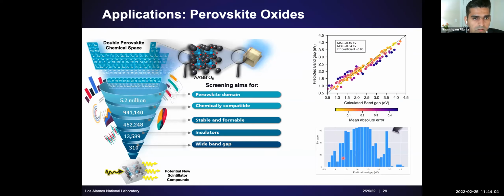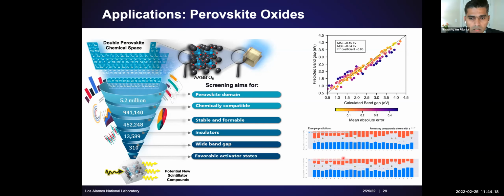So we go back and actually now do these calculations for a randomly selected set of 150 or so compounds, and we see that DFT band gaps match very well with the predicted band gaps of our model. And then finally, we use our UD prediction model to predict 4f and 5d levels and select for potentially promising scintillator materials.